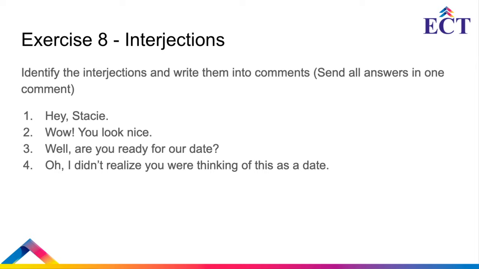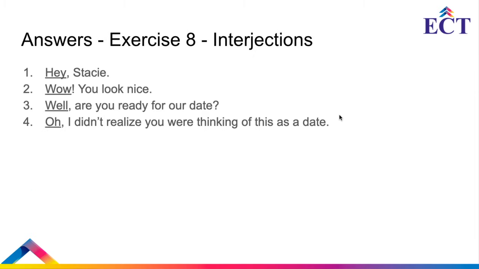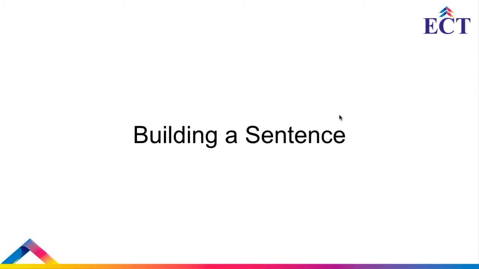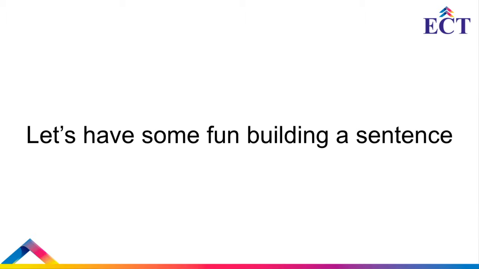This is fine. Great. Now quickly, before we end this session in 10 minutes, I would like to take you through sentence construction quickly, though we will have a separate session for that. So let's see this. Building a sentence. Let's have some fun building a sentence.